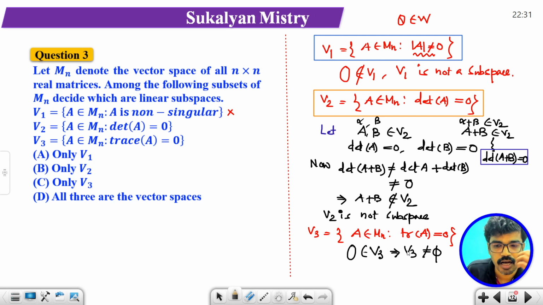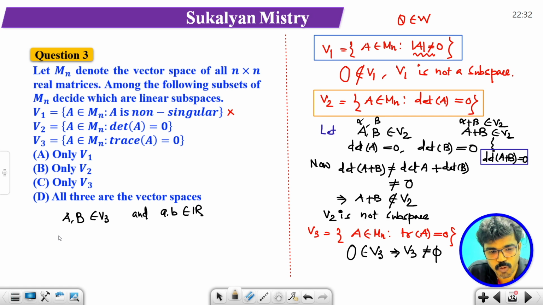Okay, then if I prove it with the one step test, what will I do? I will consider two elements from v3, right? The elements here are matrices, so we consider two matrices, suppose A and B belong to v3, and we consider two scalars from the field, suppose a, b belong to R. So what is our target?